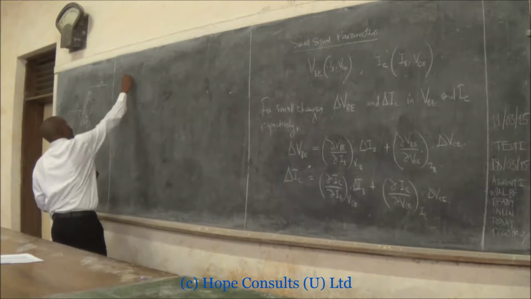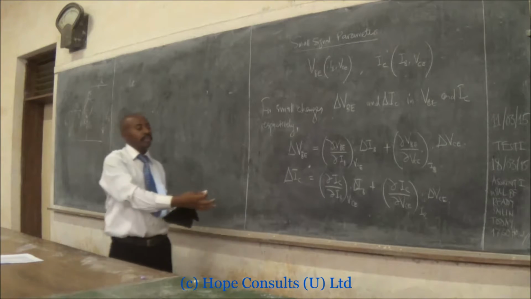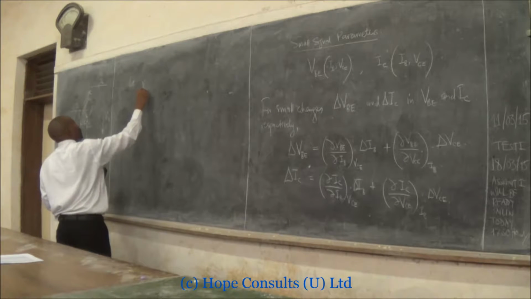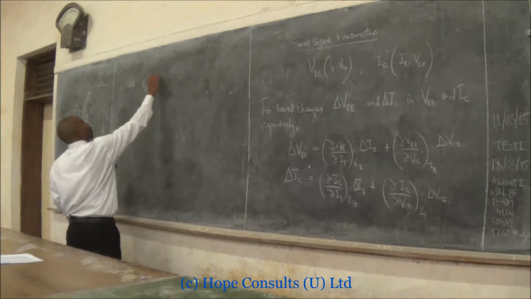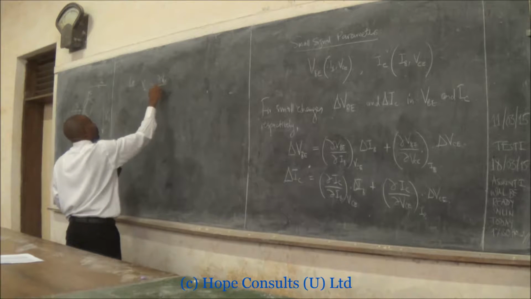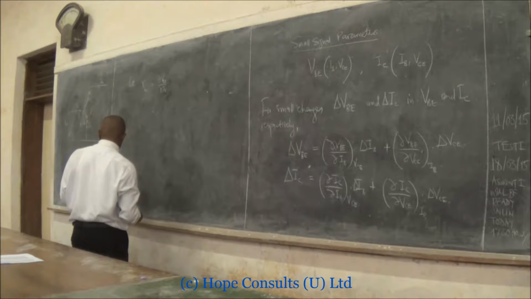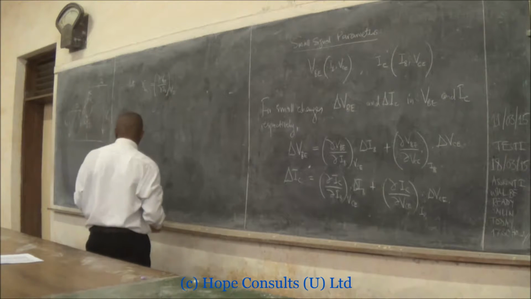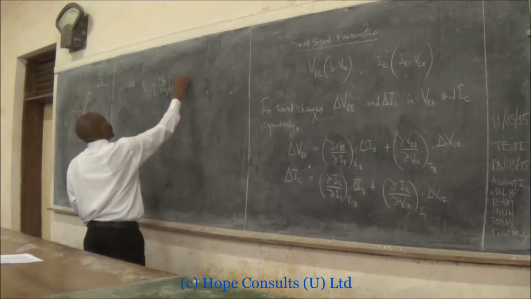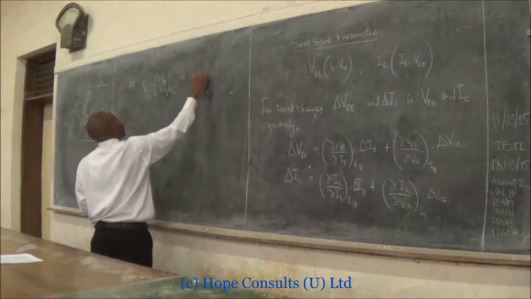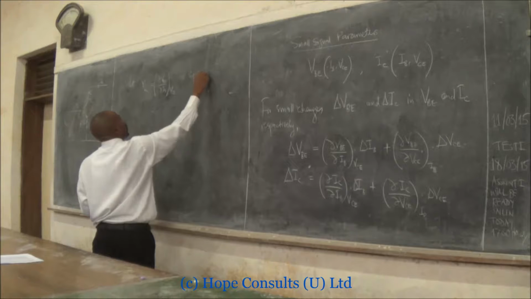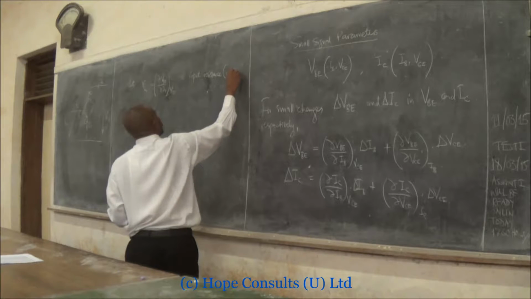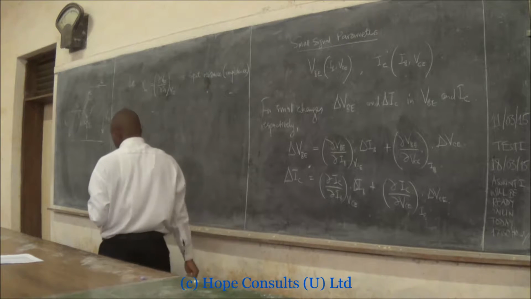So I will let a few of these ratios here be in terms of the resistances. So let RBE equal ∂VBE by ∂IB over VCE, and let's call this one input resistance, but preferably better if it is called impedance.